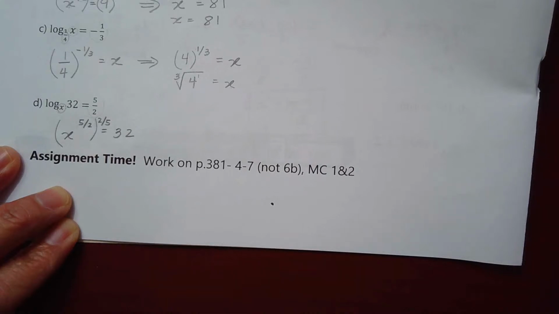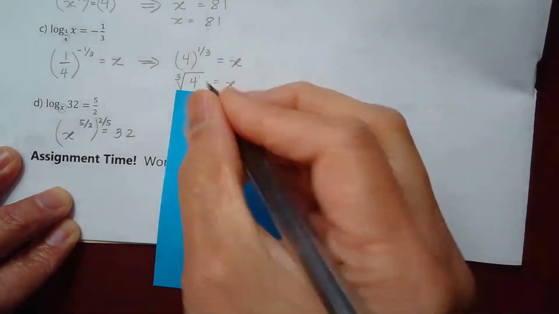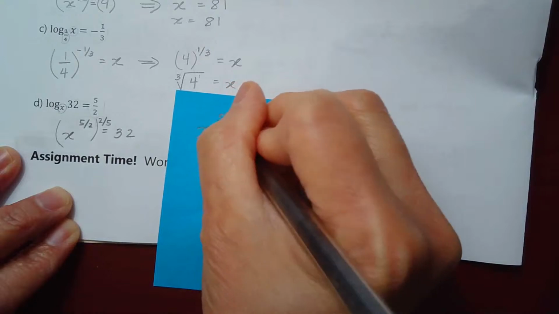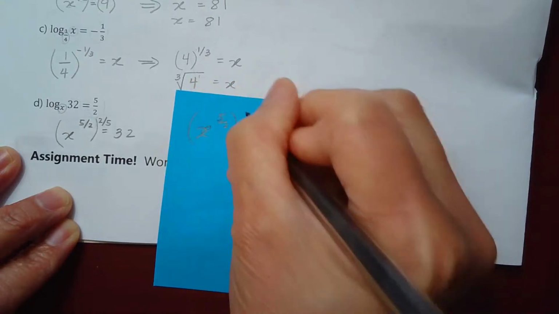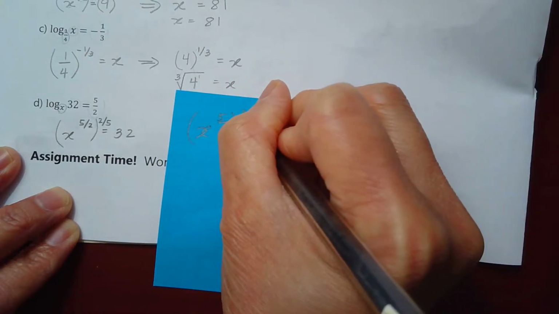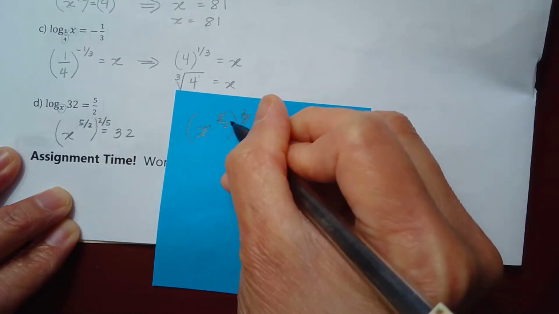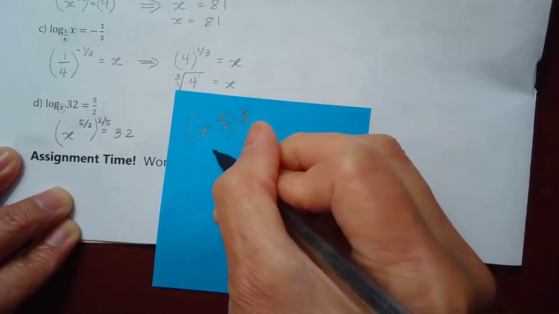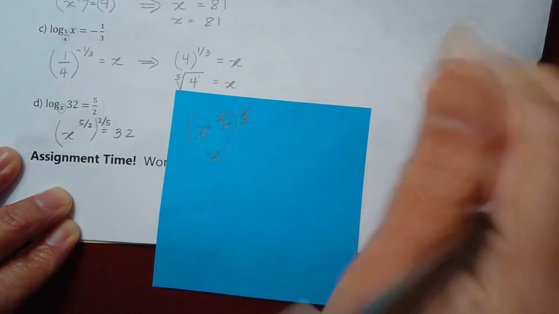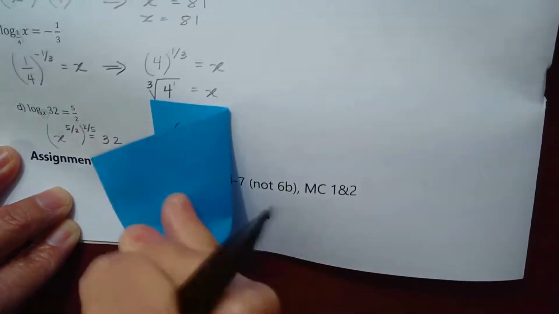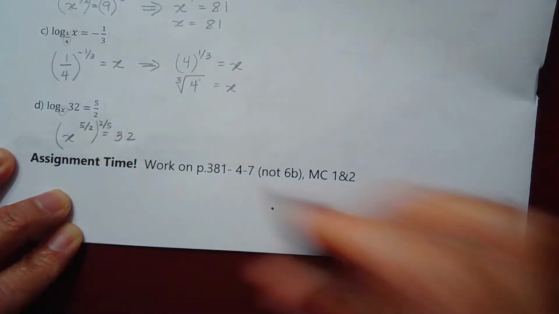Let's show it to you. So when you have x to the 5/2, and if I multiply it by 2/5, the 5 and the 5 cancel, the 2 and the 2 cancel, we're left with x to the 1. So that's another strategy of solving for x.